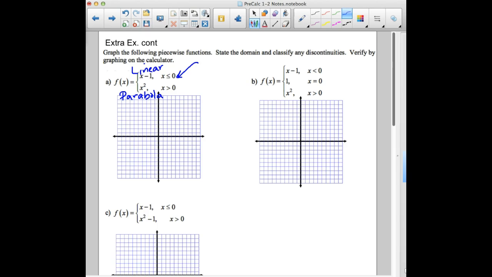So take it in pieces. How would we graph this line? Identify your slope, your y-intercept. Slope is 1, intercept is -1. So at x being 0, our intercept here is -1. But instead of going up and to the right to draw my line, I only want this line to the left of 0.